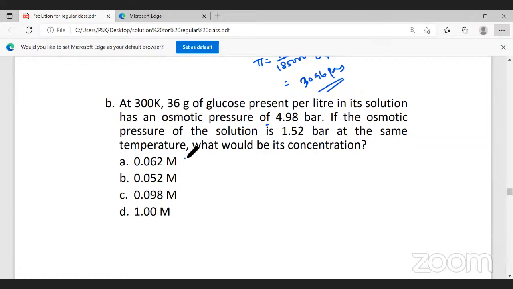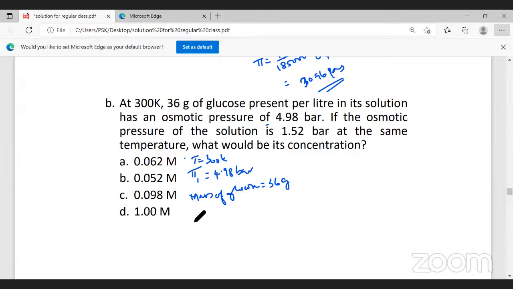What is given? They have given the temperature to be 300 Kelvin. They have given two osmotic pressures. So we'll take pi 1 to be 4.98 bar. And they have given the mass of glucose to be 36 grams.